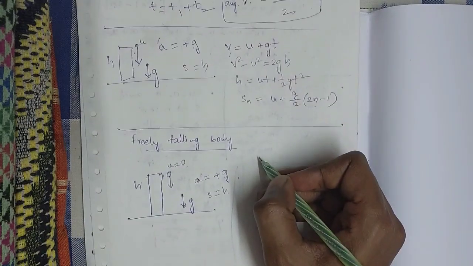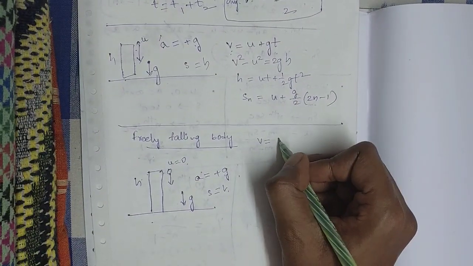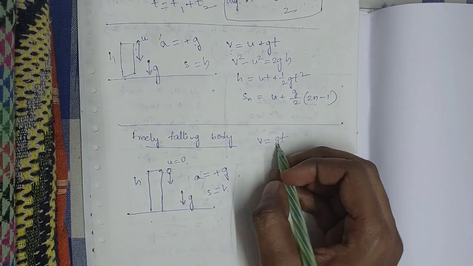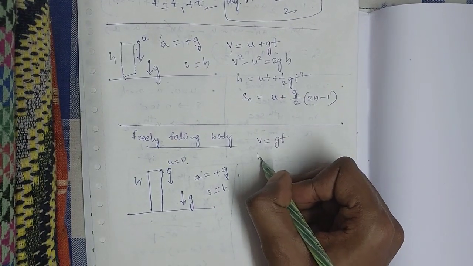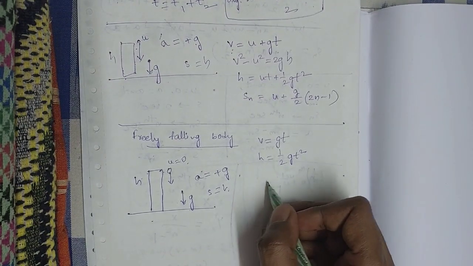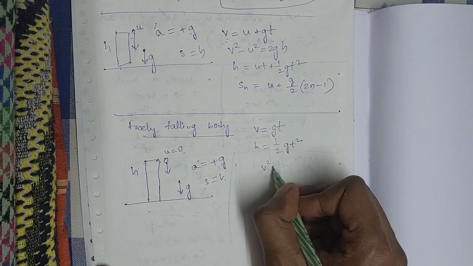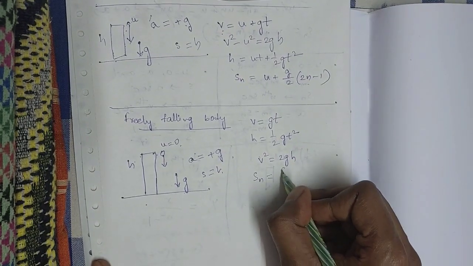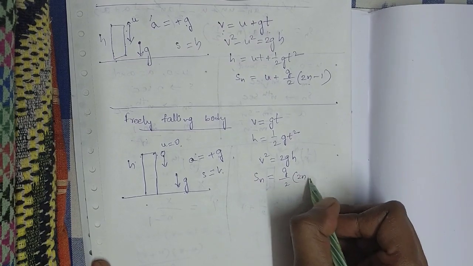The initial formula is V equals gt, because U is 0. Next formula, h equals half gt square. Next formula, V square equals 2gh. Sn equals g by 2 into 2n minus 1.